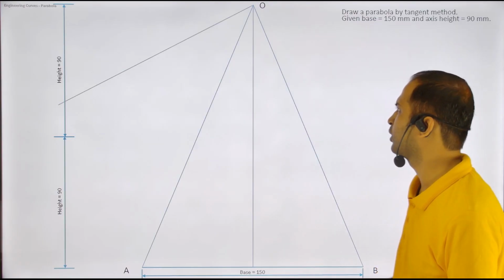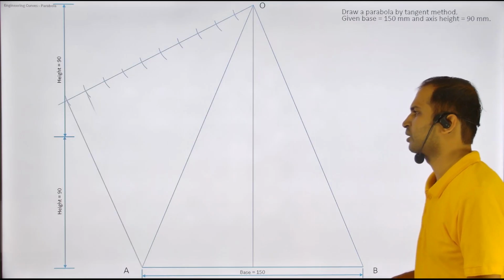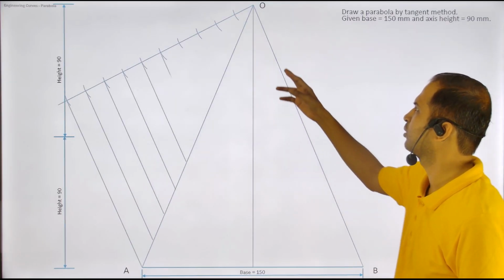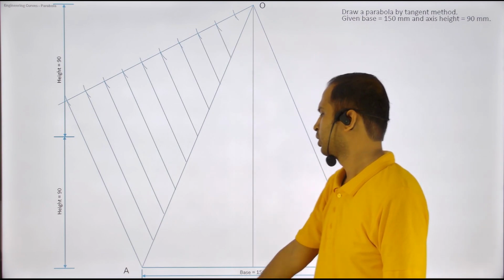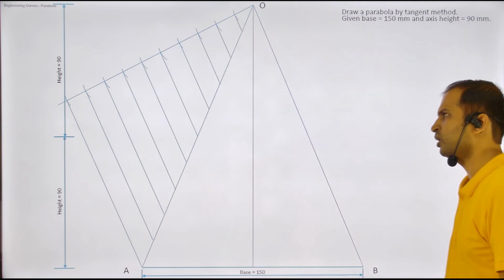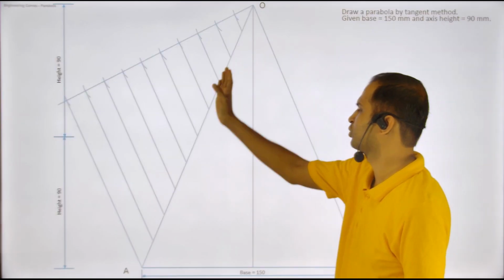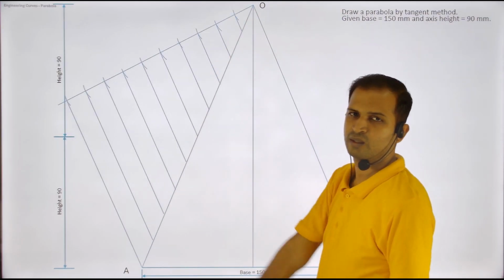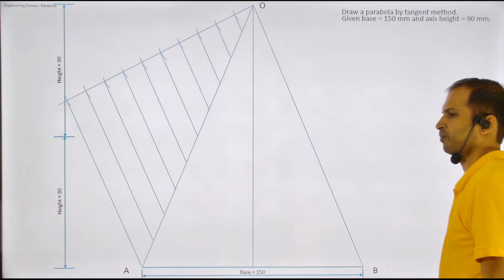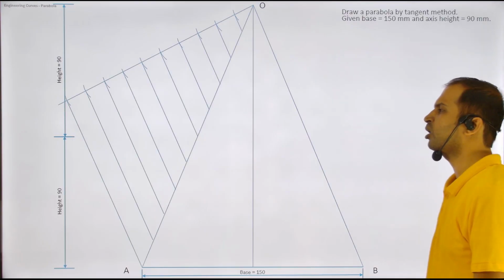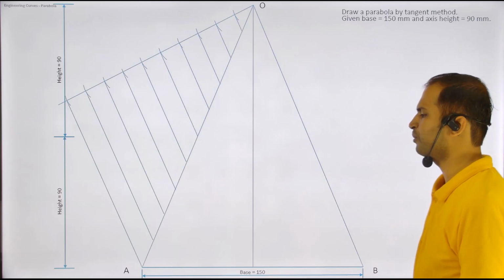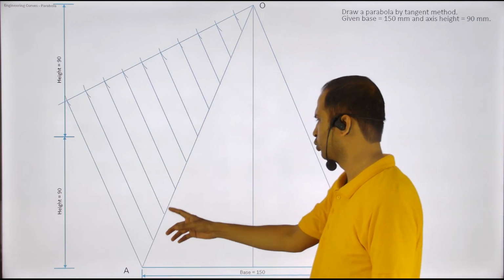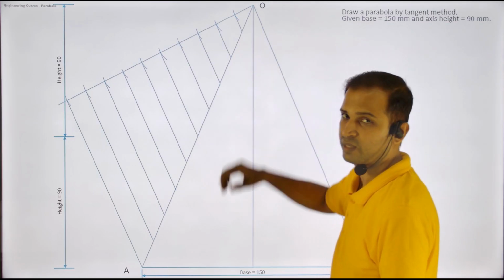So I divide into 10 equal parts like this. Not the base, only the slant side of the triangle. You have to divide only that part. Okay, so I got these points. I can just name them 1, 2, 3, 4, 5, 6, 7, 8, 9.